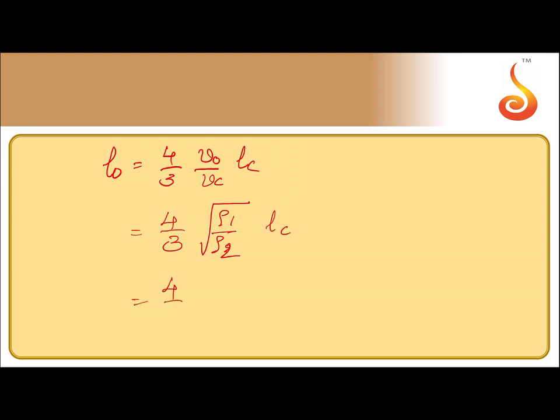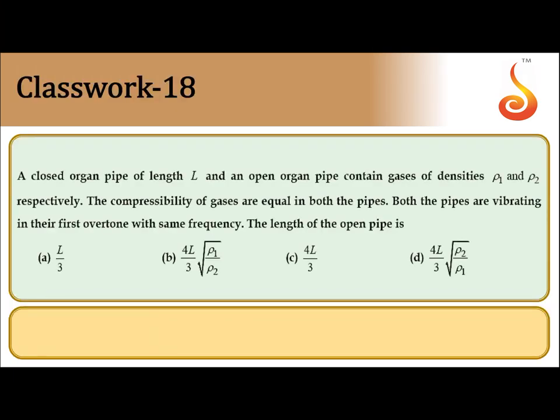So 4 by 3 L root of rho 1 divided by rho 2 is the length of the open pipe. So the length of the open pipe is equal to 4L divided by 3 root of rho 1 divided by rho 2. B is our correct choice.